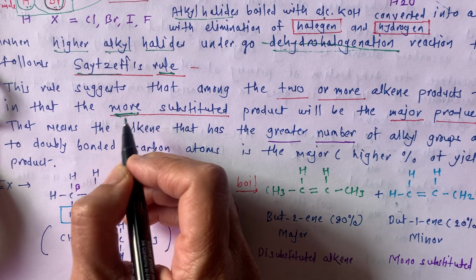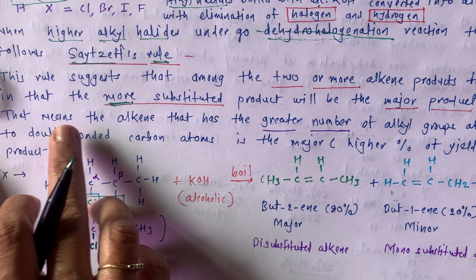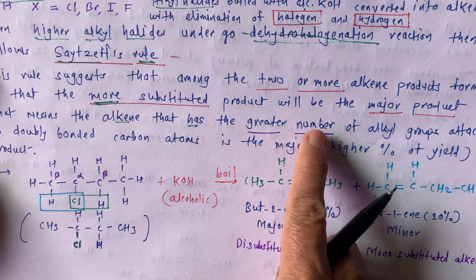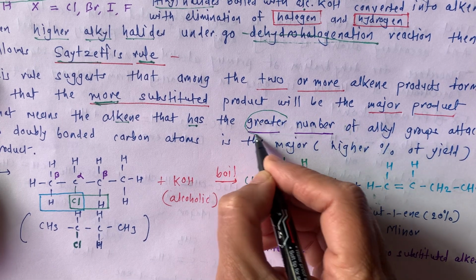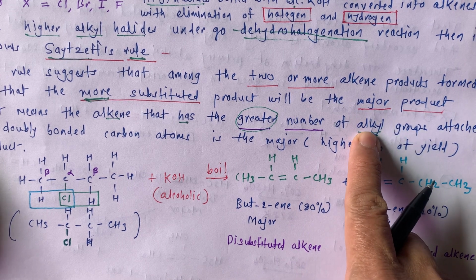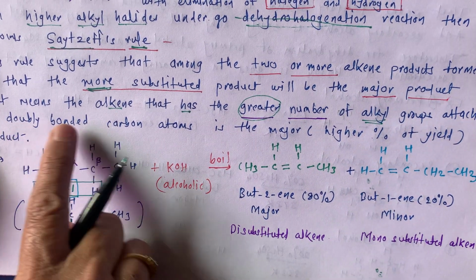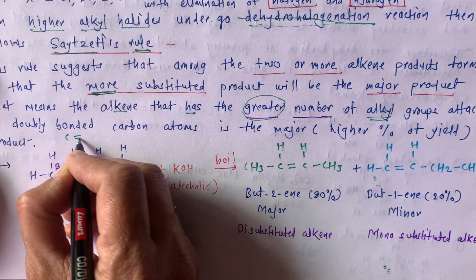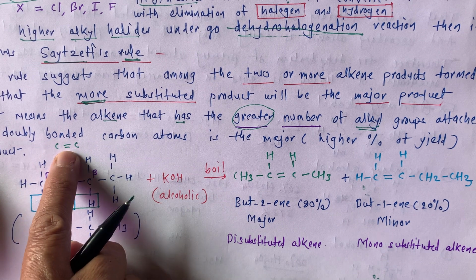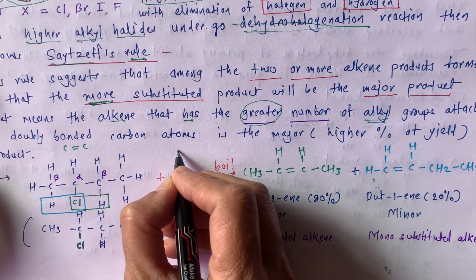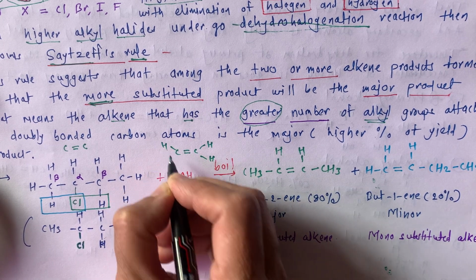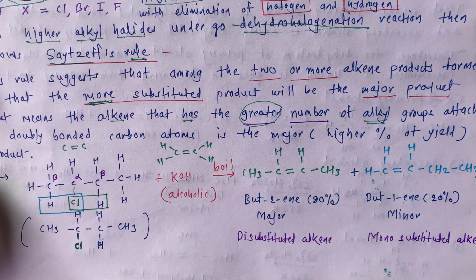I explained this in the first chapter also. More substituted is nothing but the alkene which has a greater number of alkyl groups attached to the doubly bonded carbon atoms, C double bond C. In general, C double bond C has these 4 hydrogens.